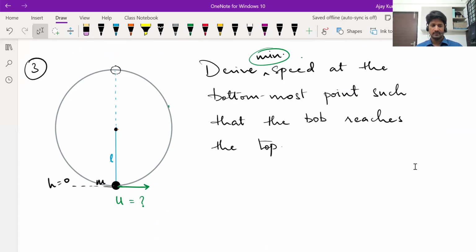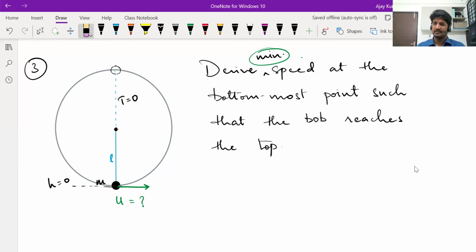To the topmost point. So we want to give the minimum speed which takes it there. Just after reaching there, the tension must become 0. Until then, tension should be non-zero. Is this clear?